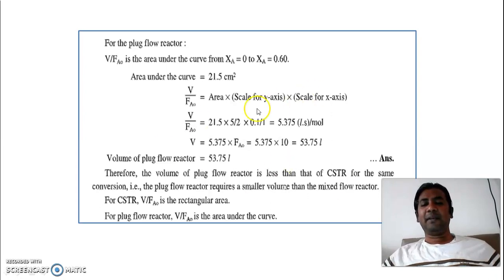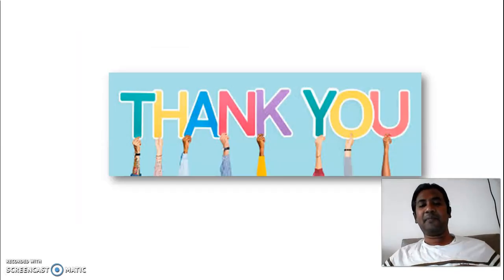So in this way, you can compare the volume required for CSTR and PFR. You can compare and whichever is less and economical and applicable, you will choose that. So this is what the problem required for designing of a reactor system.